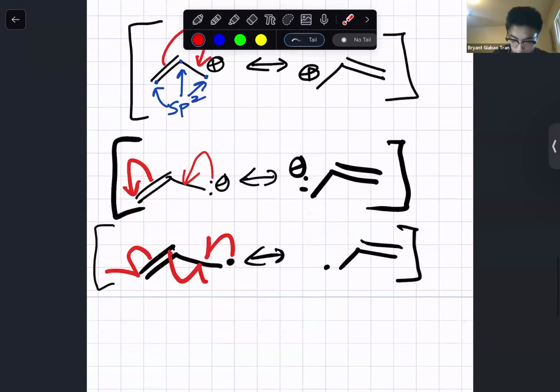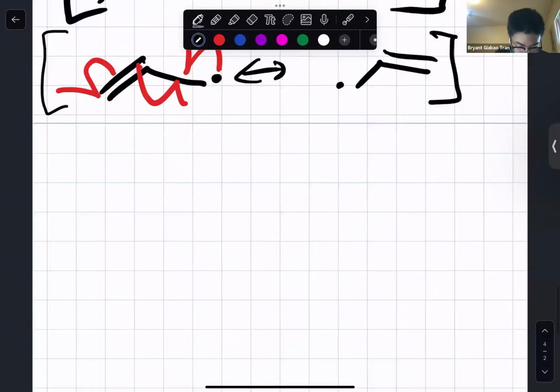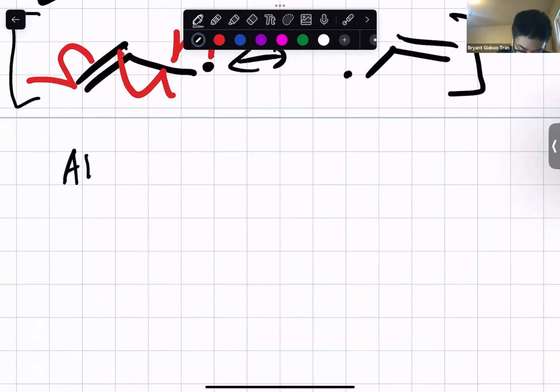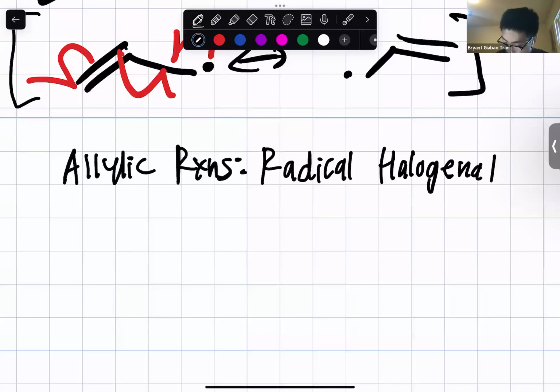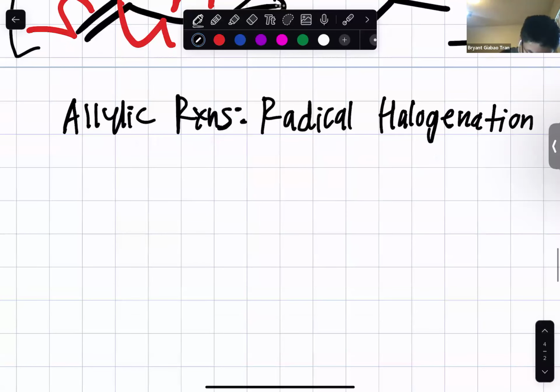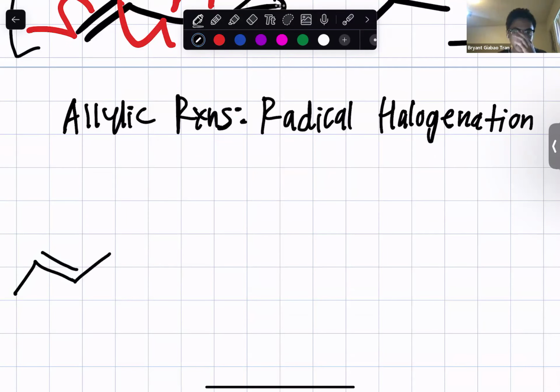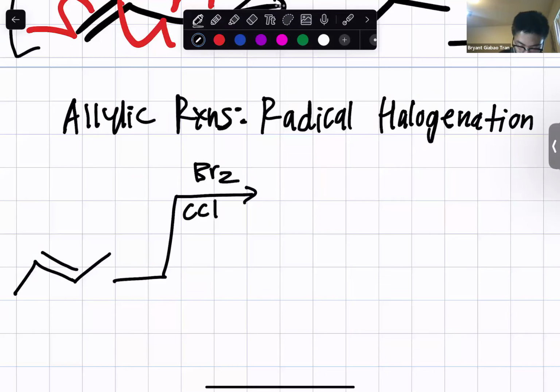Okay, let's go over allylic reactions, radical halogenation. Let's say we have this alkene right here. We know that in the alkene chapter, if we put that through Br2 by itself or in a non-nucleophilic solvent like CCl4, that is going to add bromines on both carbons of the alkene, like that, right?